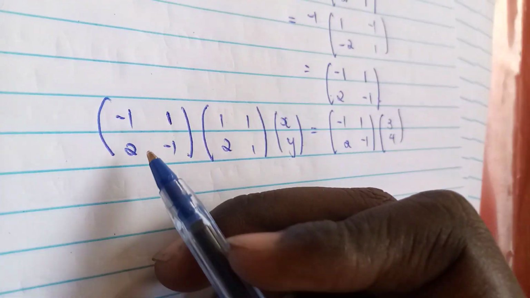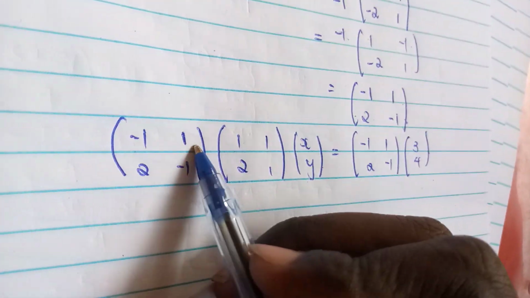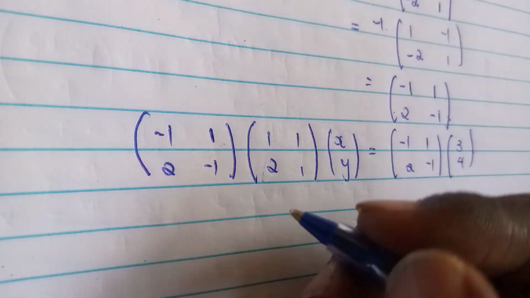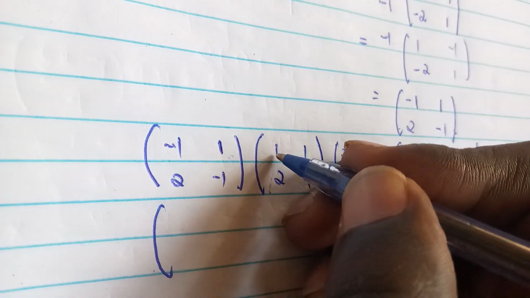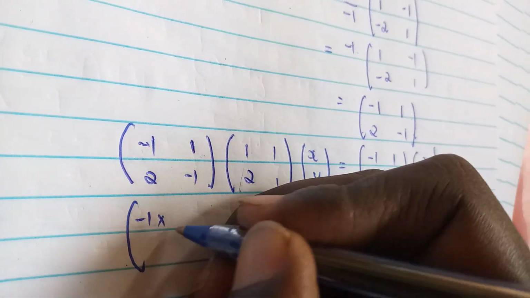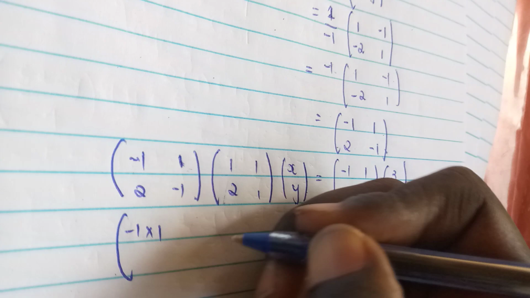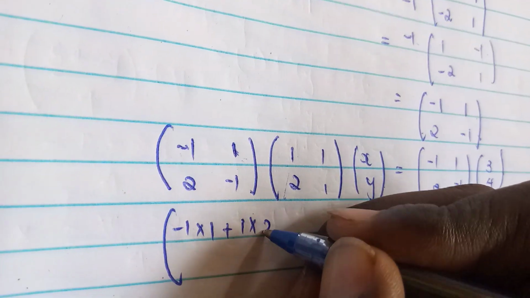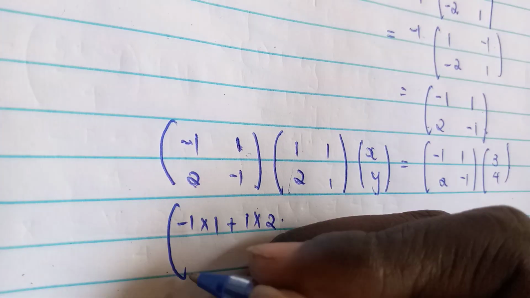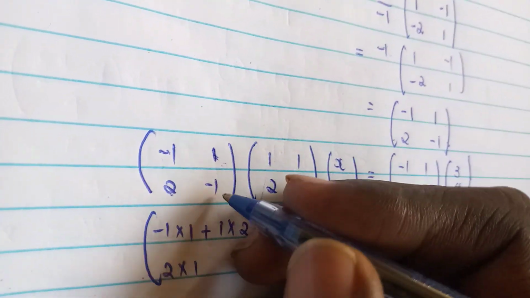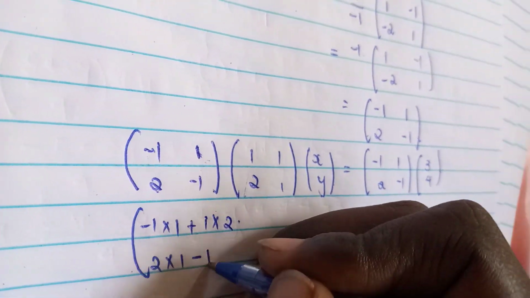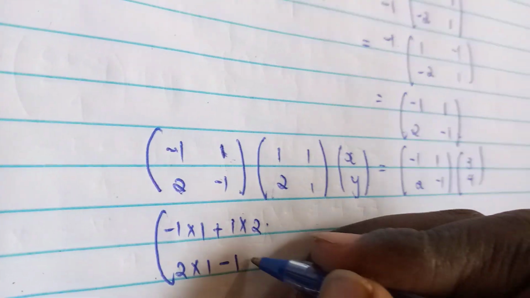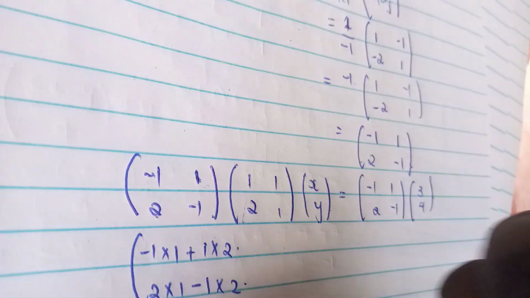So remember, when you're multiplying matrices, you multiply the row times the column. So you get negative 1 times 1 and 1 times 2. Remember, we said row by column. This is 2 times 1 minus 1 times 2.